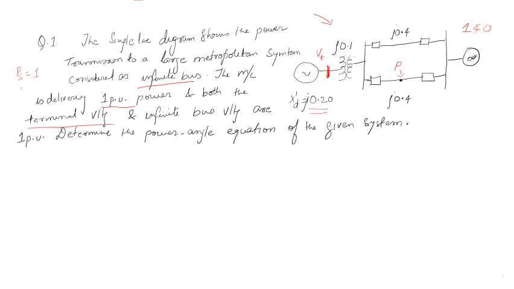So here first we will draw our circuit. This is our generator, and then this is our generator reactance. This is my terminal, remember. So I will not confuse you, I have made a bus bar.